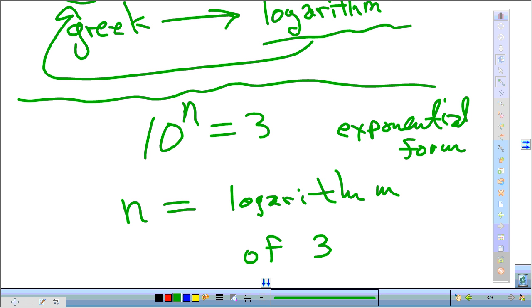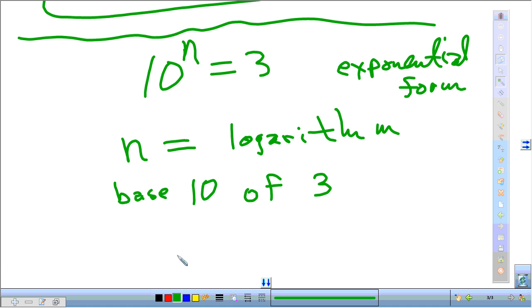So the other thing, historically, they were looking at the base of the power being 10. Now, we tend to use it for different base situations. So we've added logarithm base 10 of 3. And notationally, we shortened logarithm to log and indicate the base as a subscript, and then 3.